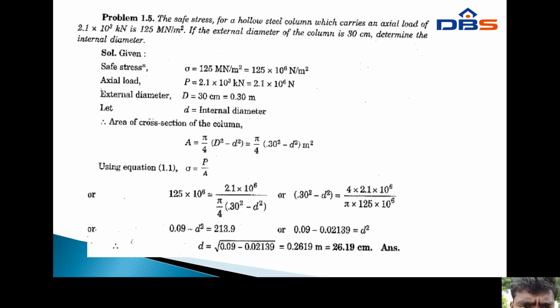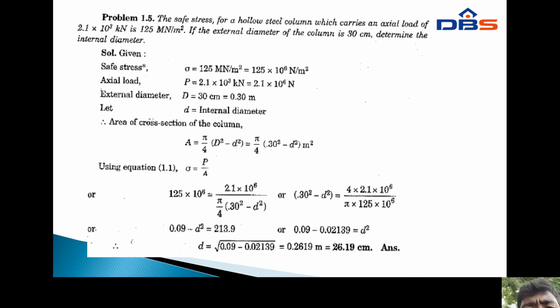In this problem, first of all, write down the given data. Safe stress sigma equals 125 meganewton per meter square, that equals 125 into 10 power of 6 newton per meter square. Next, axial load P equals 2.1 into 10 cube kilonewtons, that equals 2.1 into 10 power of 6 newtons.